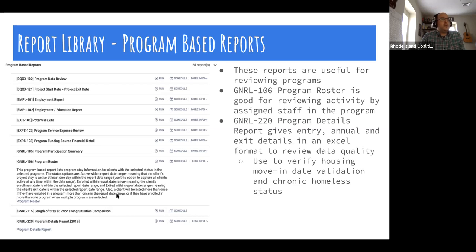And so that's really the background data that will get used in an APR or a CAPR. It includes all of the information you'd need to be able to validate that the housing move-in dates are correct, and that the chronic homeless status of all of the clients in the program is correct.